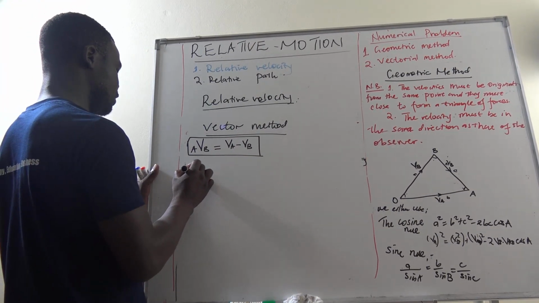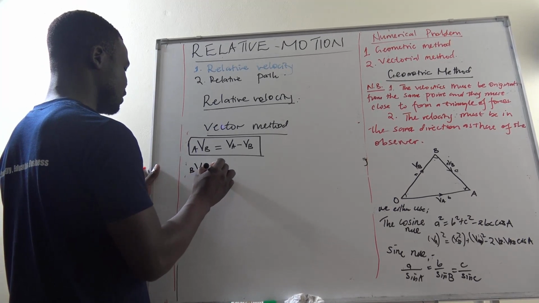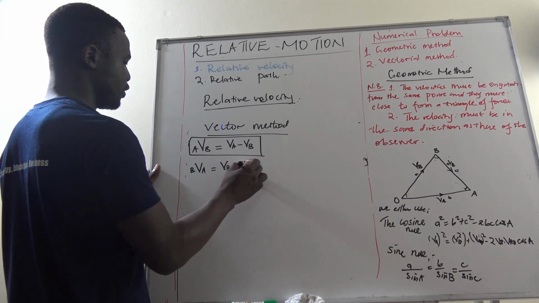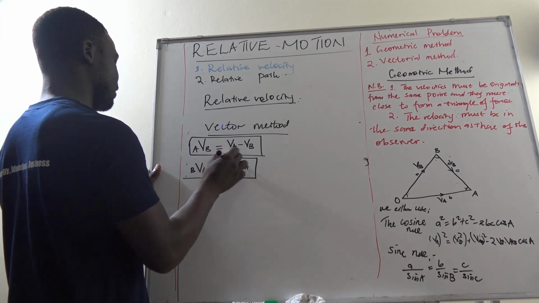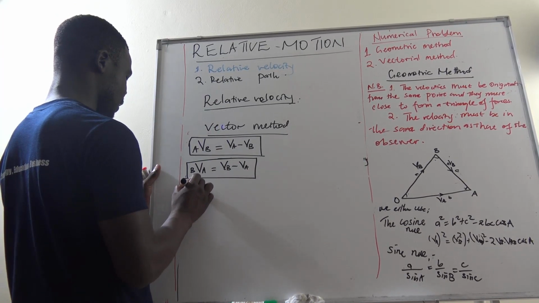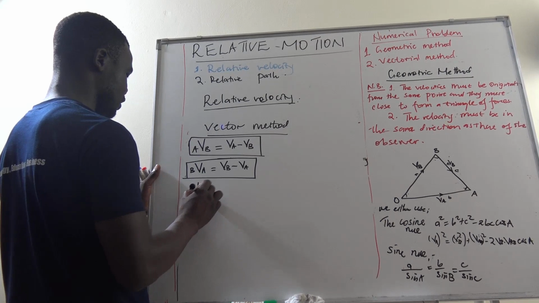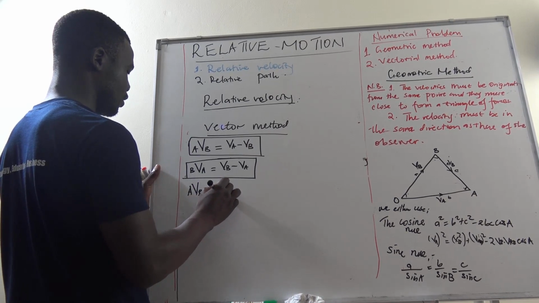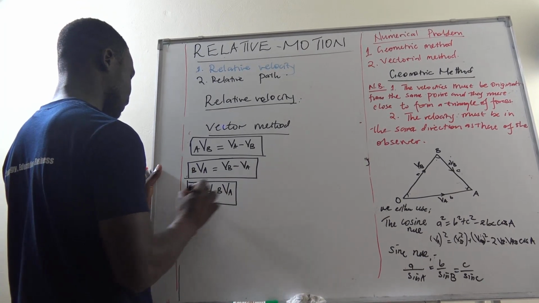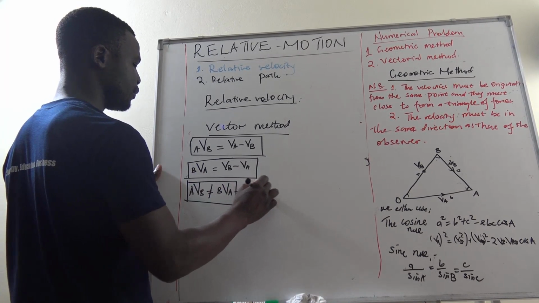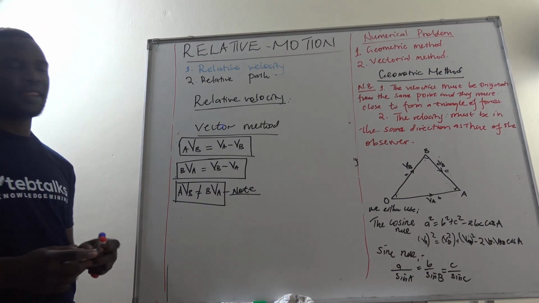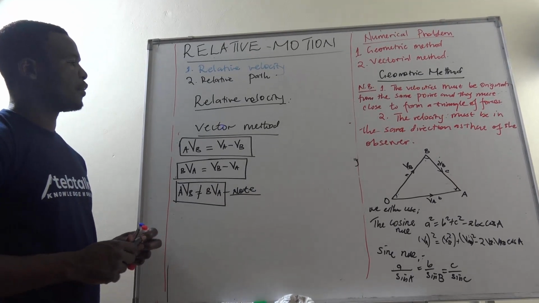Or the velocity of B relative to A is equal to velocity of B minus velocity of A. But you should remember that the relative velocity of A to B is not equal to the relative velocity of B to A. Take note of this. Okay? We should take note of that, and let's end here.